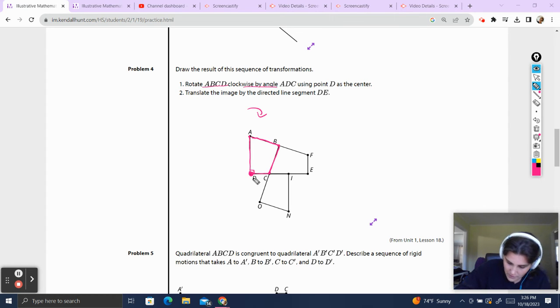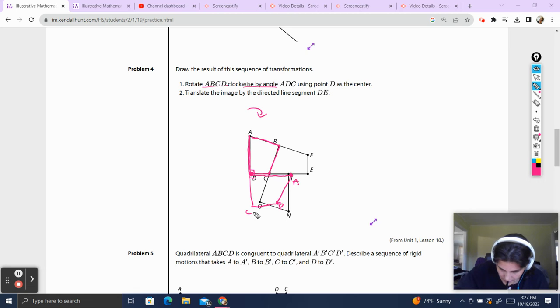It looks like about a 90-degree rotation, which means AD is going to come down over here. So A comes over here, which brings B over here, D stays where it is, and C is going to be right about over there. That looks a little wonky, but I think this is what we have.